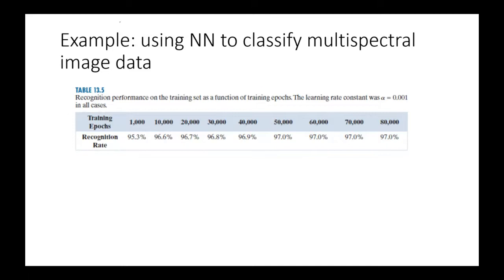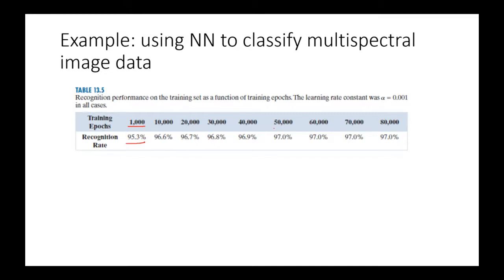Now that's interesting. This is, for the same recognition problem, the recognition performance on the training set as a function of training epochs. Remember that in one training epoch, you go through all the data once. We ran the training 1,000 epochs and got a recognition rate of 95%.